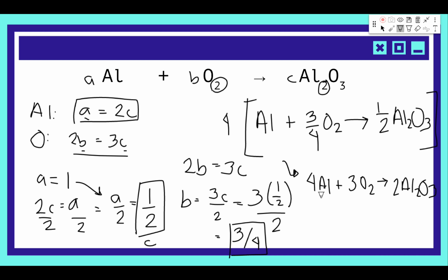So if you check, I have 4 aluminum here and 2 times 2, 4 aluminum here. I have 3 times 2, 6 oxygen. I have 2 times 3, 6 oxygen. So the chemical equation is balanced.